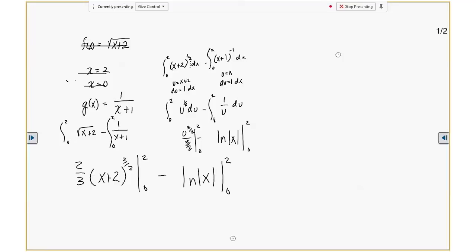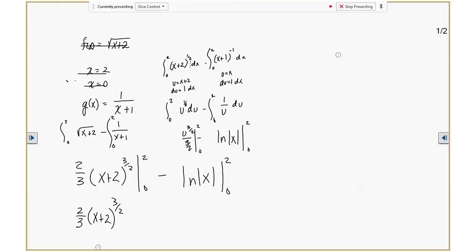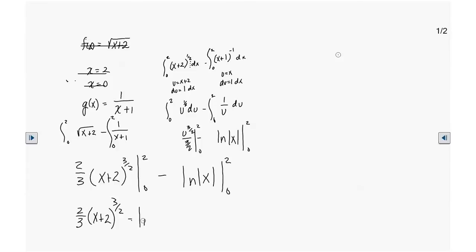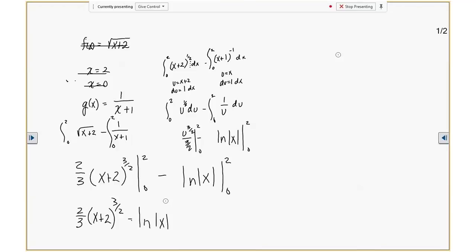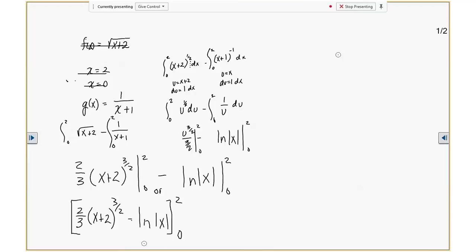Now, you can do this all at one time: 2/3 times (x plus 2) to the 3/2 minus the natural log of the absolute value of x, evaluated at 0 and 2. Either way, you've got to do 0 and 2, so I'm going to do it this way so that I can remember what I'm doing.